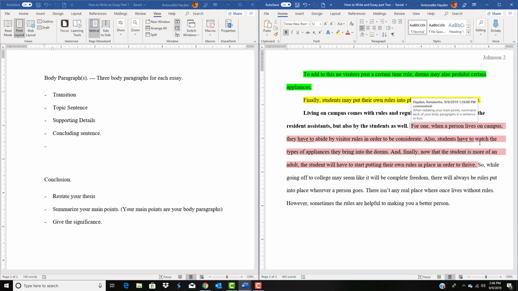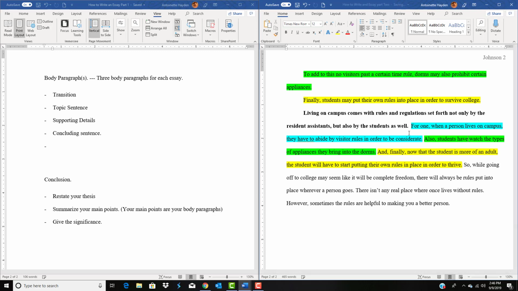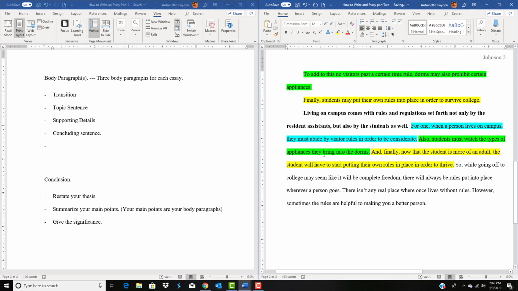Also, students must watch, and it's going to ask me to change have to to must, which is a good, helpful tip. Must watch the types of appliances they bring to the dorms. Dorms may also prohibit certain appliances. And finally, now the student is more of an adult student, will have to start putting their own rules in place in order to survive, thrive. Sorry.